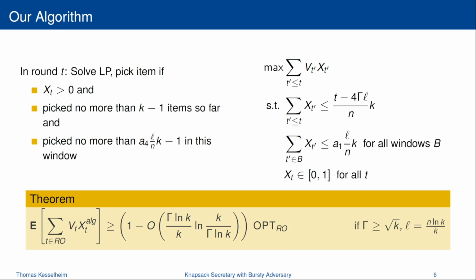Or you can also consider the case that gamma is exactly equal to square root k, in which case you almost match the optimal guarantee of 1 over 1 minus O of 1 over square root k, which is optimal even in the case that there are no adversarial rounds at all.